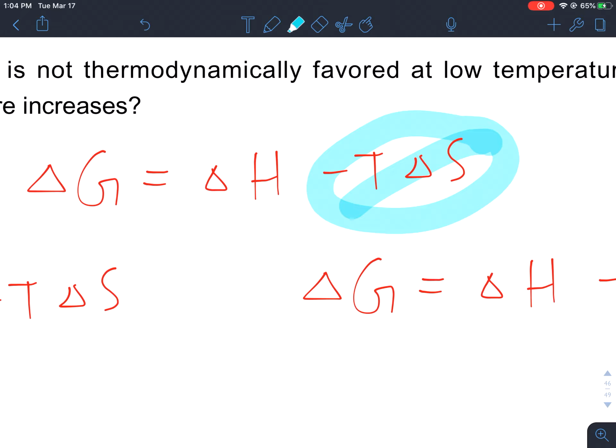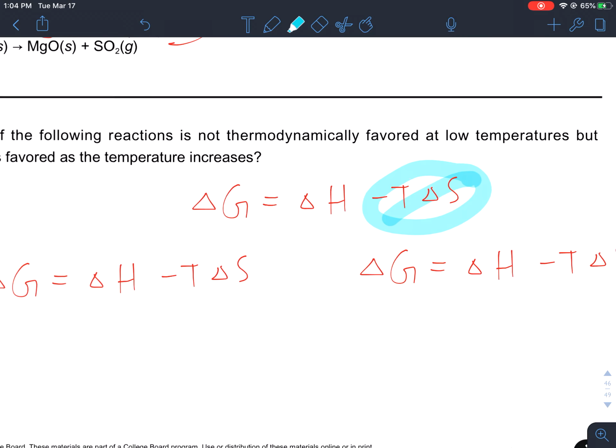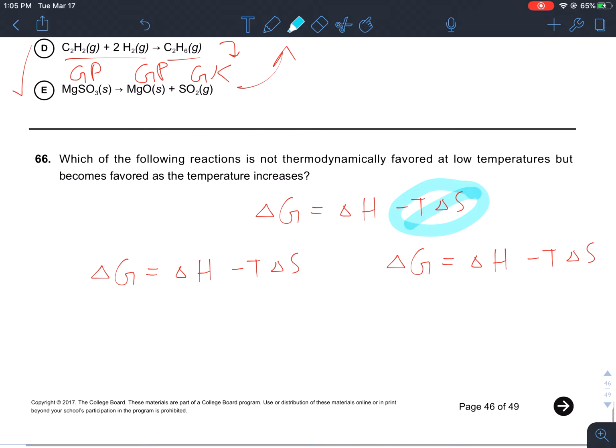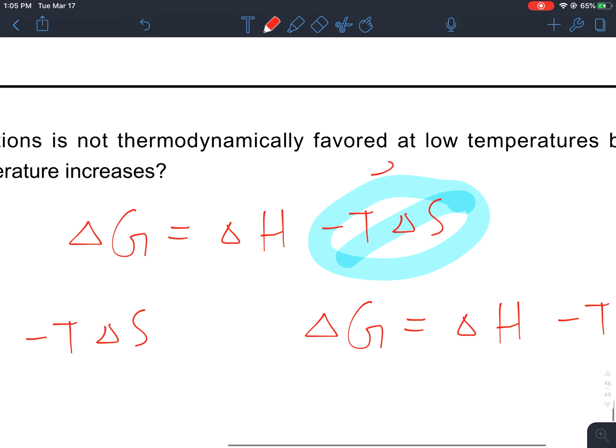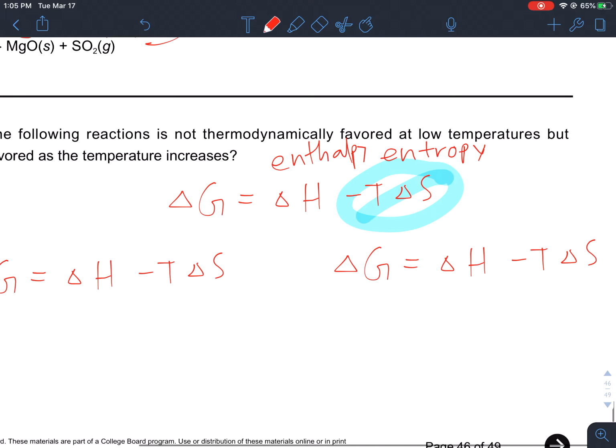It becomes invalid at low temperatures, right? So if it's not thermodynamically favored at low temperatures, that means the entropy is not involved, but it is enthalpy driven. So if it's not thermodynamically favored at low temperatures, the delta H must be positive. This is positive.